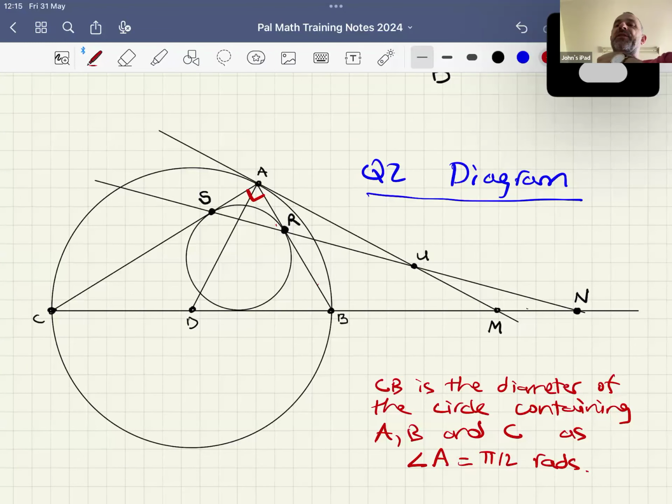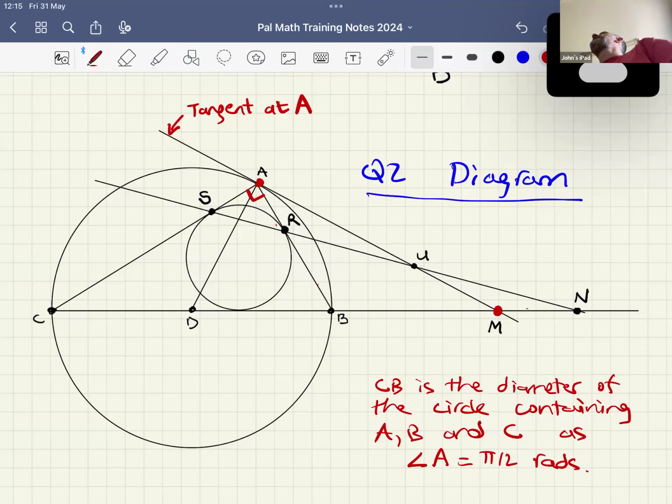So so far we have that BC is the diameter of the circle that contains A, B, and C. And then I think the next thing is the tangent to the circle at A. So we've got the tangent line, and it's going to meet BC at the point M. Okay.